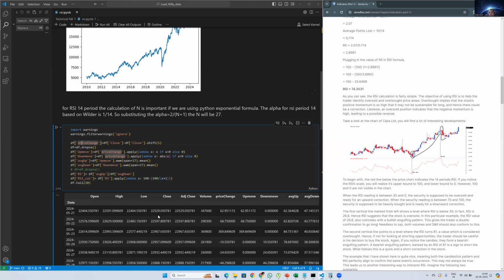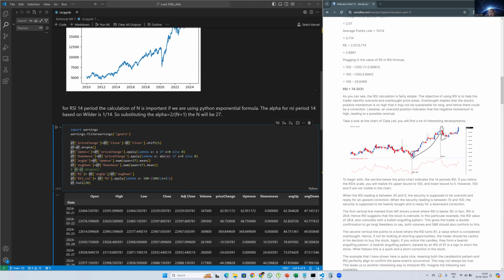So when we subtract this, we get a price change difference, that is an upward price change of 68, right? So that's the price change here. And then shift one is the method to get the previous row. I've dropped the NAs after that because the first one will not have the previous values.